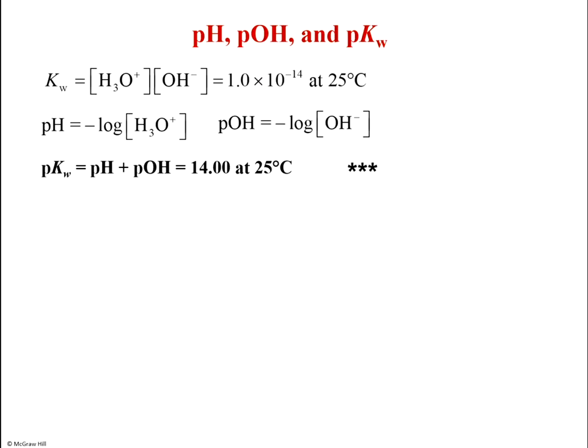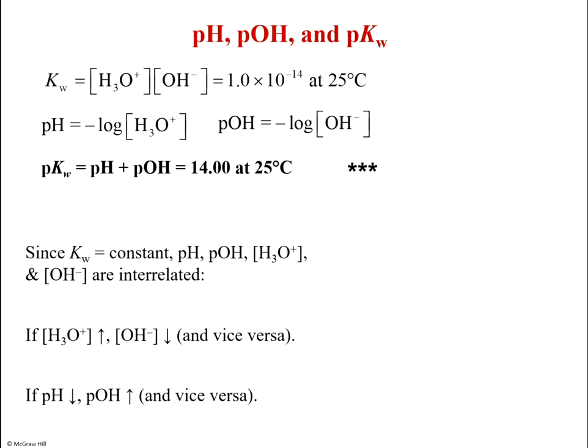If we know that the pH is minus the log of the hydronium concentration, we can also define the pOH as minus the log of the hydroxide concentration. And then pKw is minus the log of Kw. So that if we take logs of both sides of the upper equation here, we end up with the following relationship. pKw, which is equal to 14, is equal to pH plus pOH.